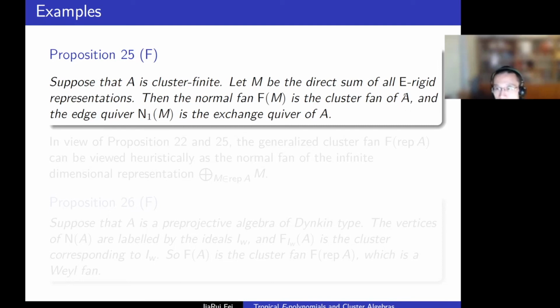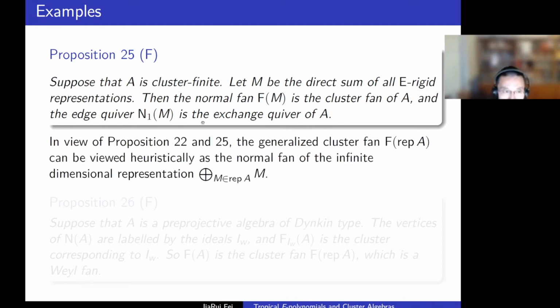I think even when the algebra is a Jacobian algebra it is already very interesting, because this will be the cluster fan of the corresponding cluster algebra. And in this case, the edge quiver will be the exchange quiver of the algebra. So in the case of a Jacobian algebra, this will be the exchange graph of the corresponding cluster algebra. This proposition tells us that heuristically we can view the normal fan of an infinite-dimensional representation.